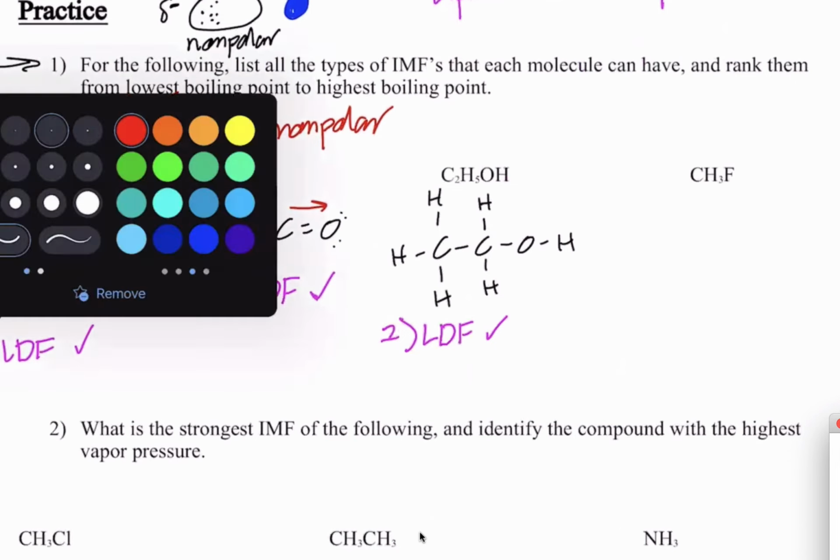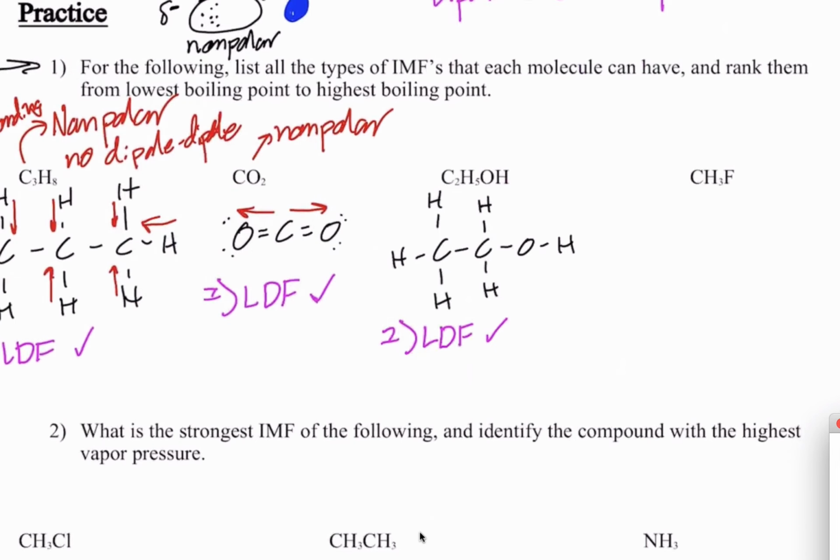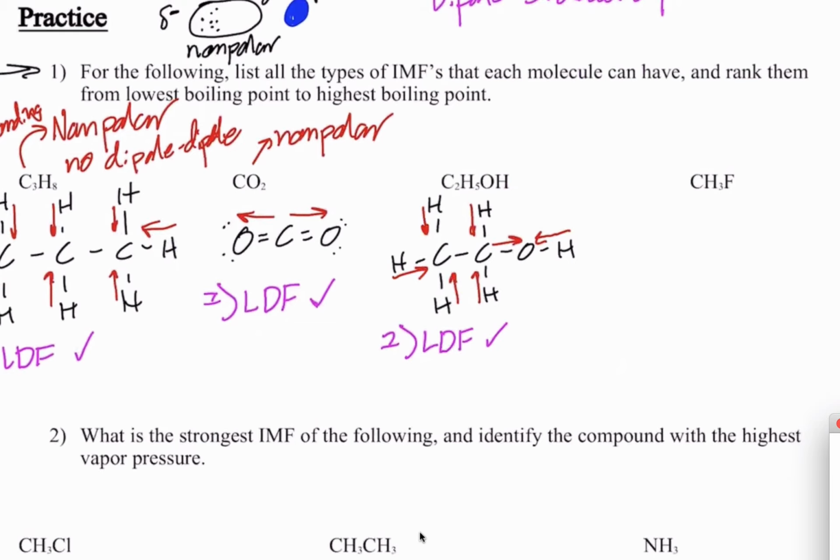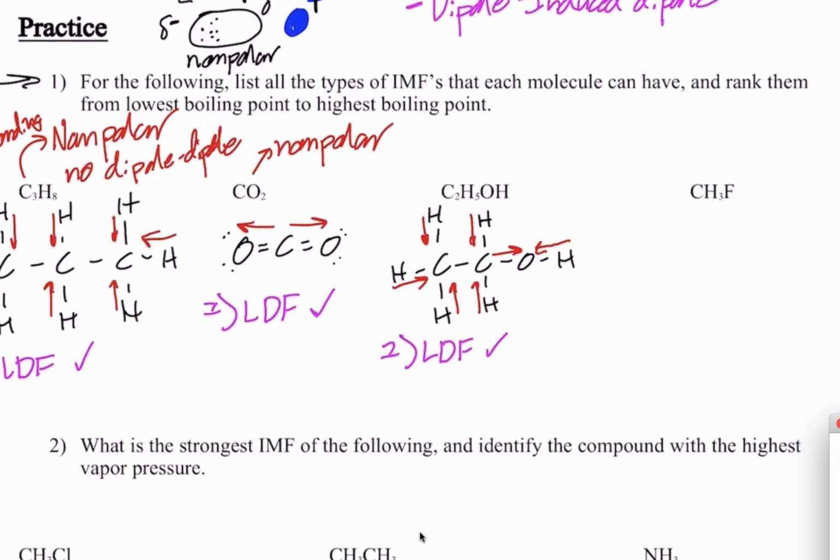Then let's see whether or not this is polar. Those vectors are going to look like this. This molecule is going to end up being polar. Those vectors end up canceling out.